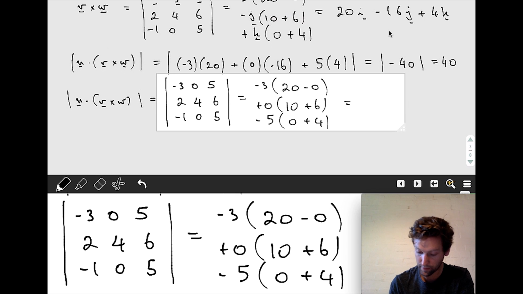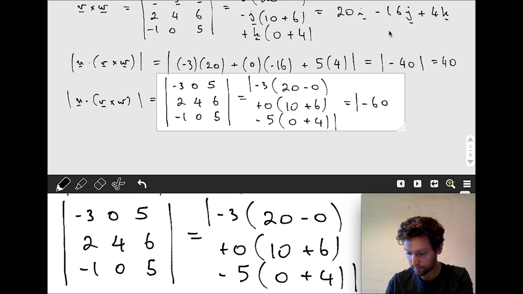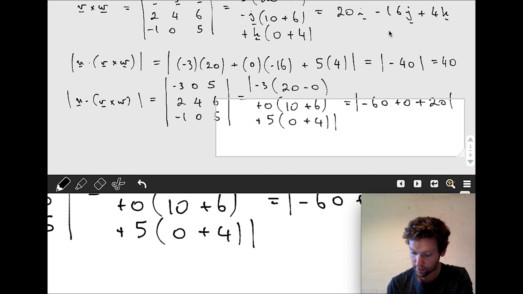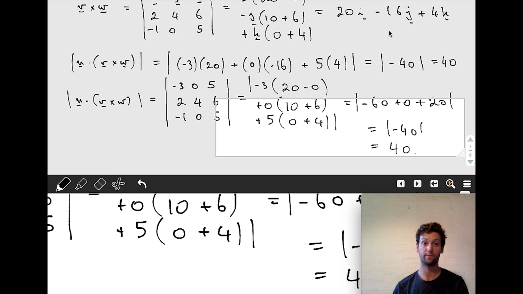So that's going to give me, and of course I'm going to take the absolute value of all that, minus 60 plus 0 plus 20. So that equals the absolute value of minus 40, which is 40. So the volume is 40.